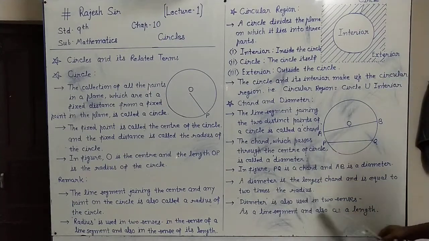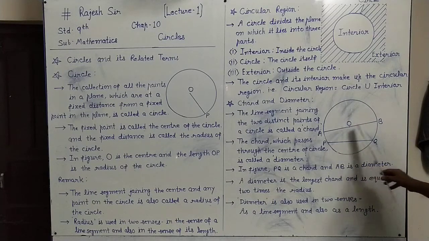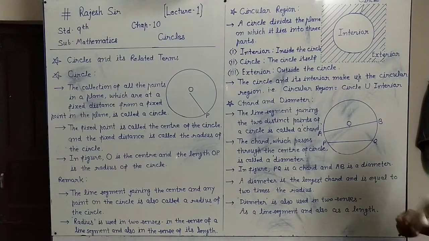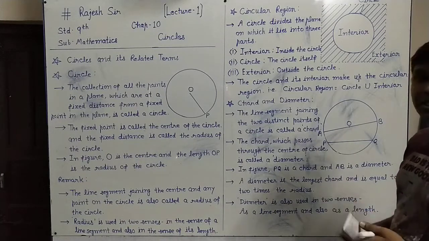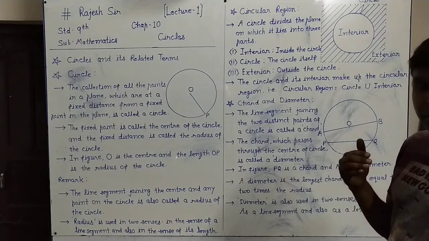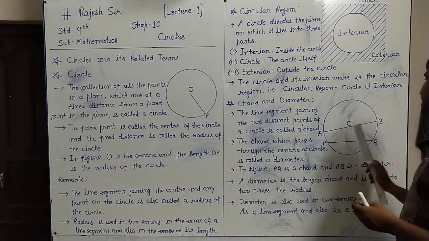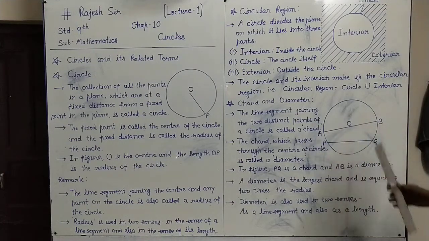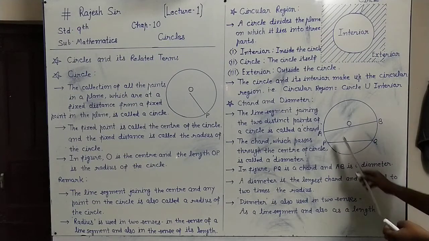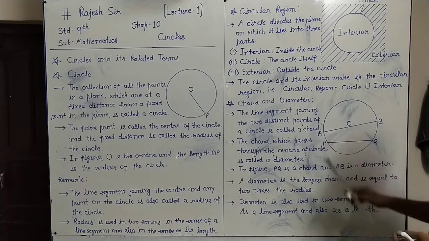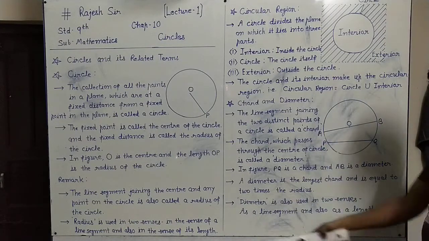The word diameter is also used in two senses, like this AB. You can consider it as a line segment joining two points of the circle and passing through the center. As well as that, you can consider the length also. If you want to show the length of the diameter, you will also use the word diameter, like radius.